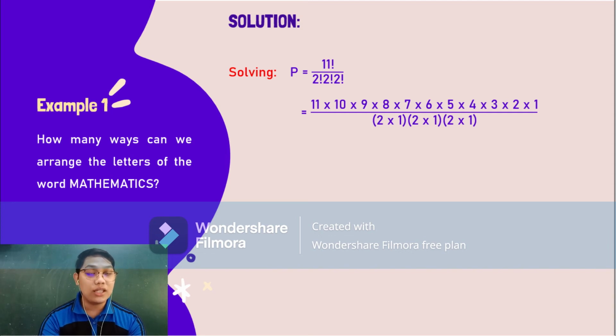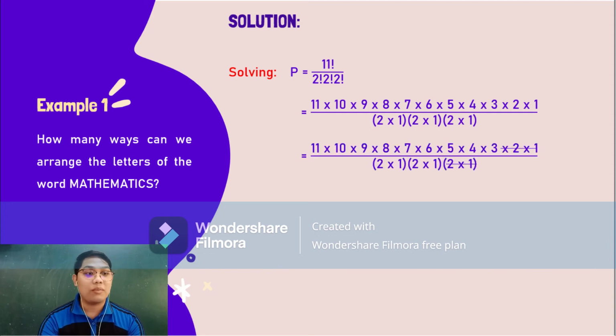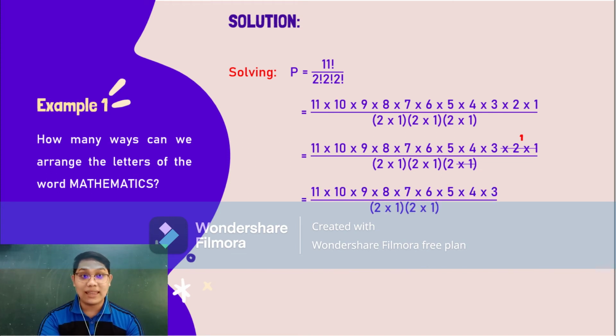Thus we could cancel them out because if we divide a number by itself, 1 man gyud siya. Then i-multiply na nato: 11 times 10 times 9 times 7 times 6 times 5 times 4 times 3 is equal to 19,958,400.